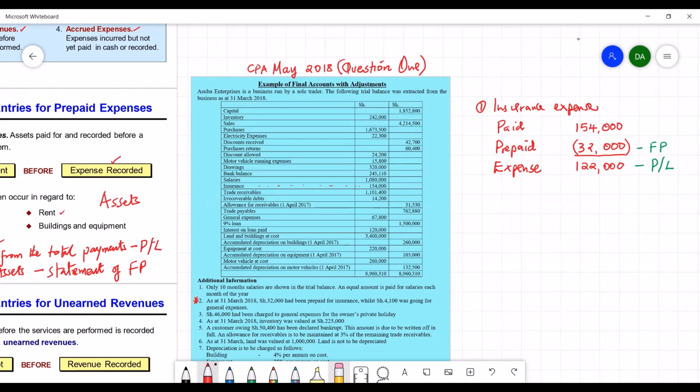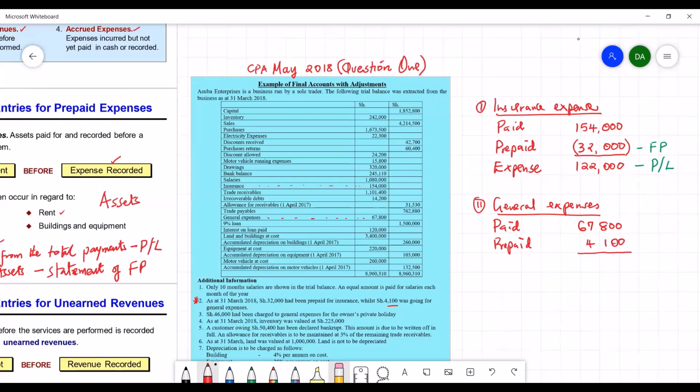The next one is prepaid general expenses. If you look at the general expenses here, the amount paid for that period is 67,800. The amount prepaid during that period is 4,100.